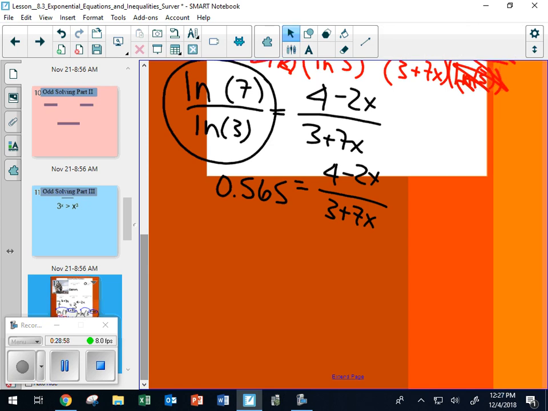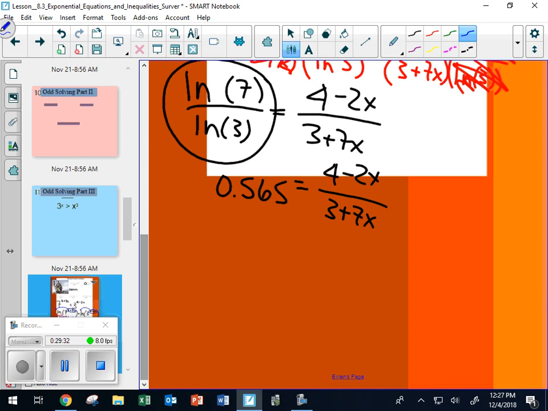So row 2, person 3. You might have divided it log of, or natural log of 3 divided by the natural log of 7. Yes. So we wouldn't come out with the right answer unless 4 minus 2x is in the denominator using that answer, because that answer is log of 3 divided by 1.